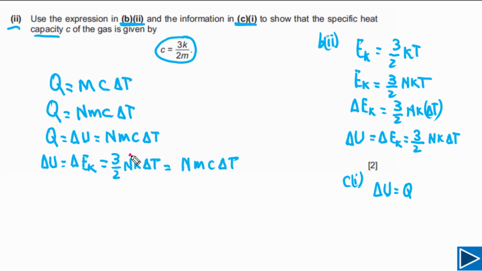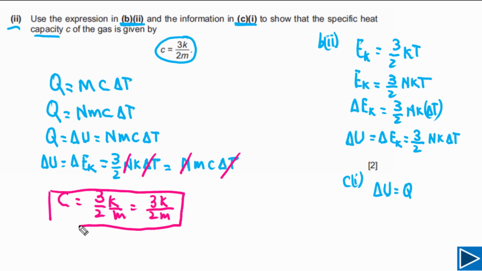So you can see N is common, we can cancel N, and delta T is common on both sides, we can cancel this. So we are simply left with C is equal to 3 by 2 k, and here we have mass, so we will divide this one by m. Simply we can say this is equal to 3k divided by 2m. So this is specific heat capacity of gas in terms of mass of single molecule and Boltzmann constant. So this is how we can derive.